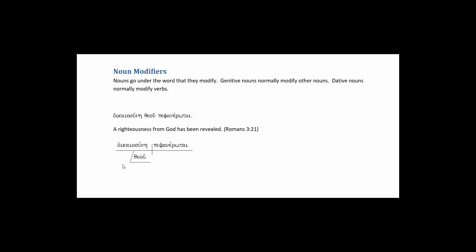And it causes you to ask the question, well, in what way does this modify dikaiosune? And you can explore all of the genitive options studied before. So this is a genitive one. You see that genitives often modify nouns. Dative nouns tend to modify verbs. They can do other things too, but they tend to modify verbs.